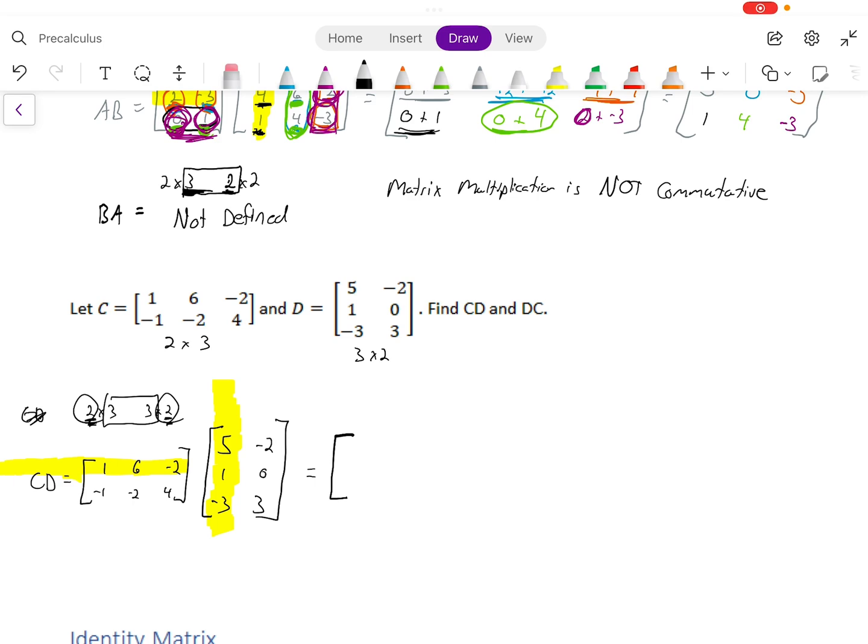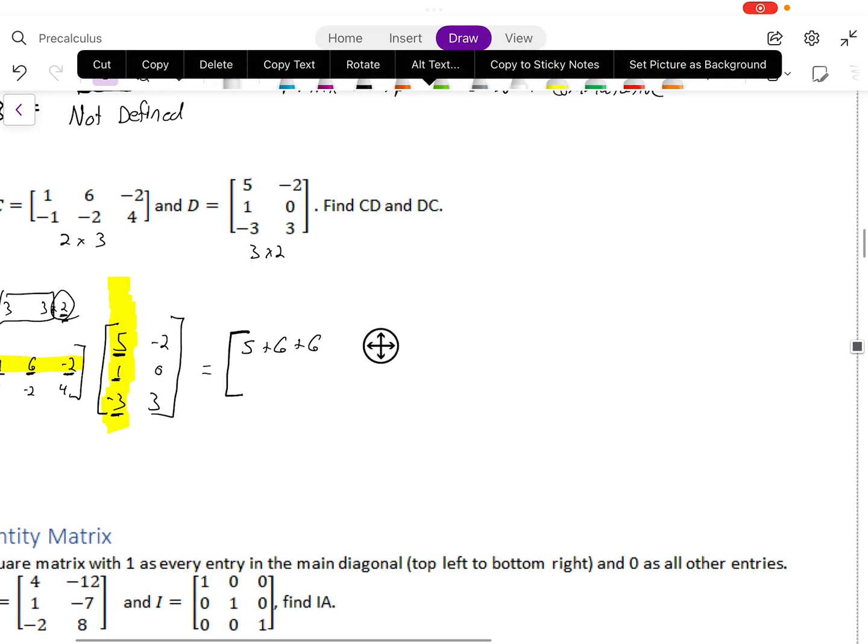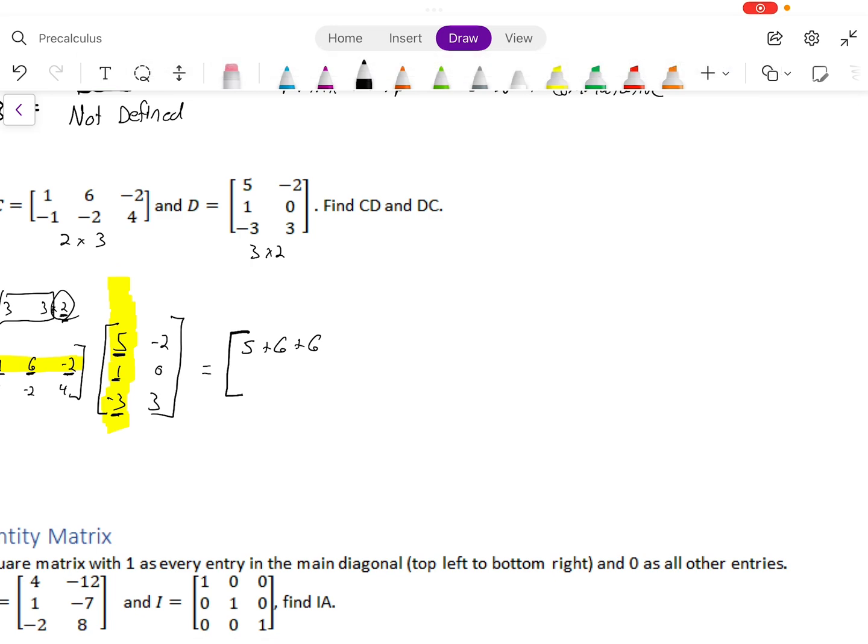All right, so we do 1 times 5 is 5, plus 6 times 1 is 6, plus negative 2 times negative 3 is 6. All right, that was first row with first column. Now what I want to do is I want to just move this over. Sorry about that.